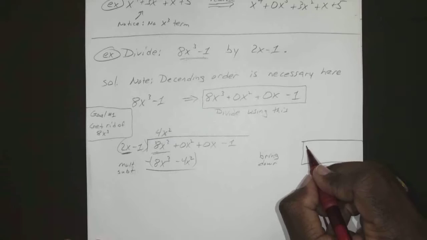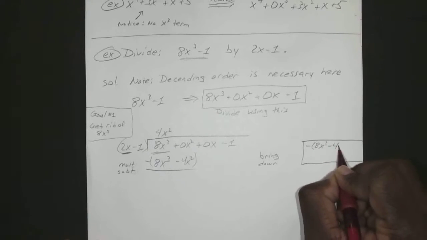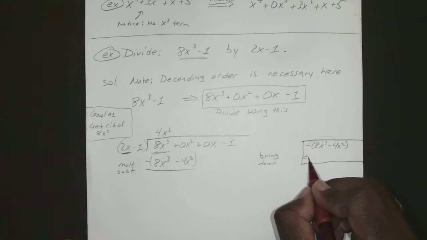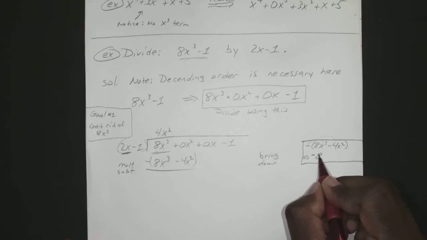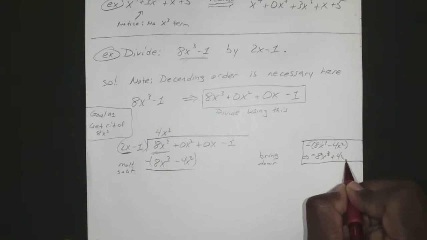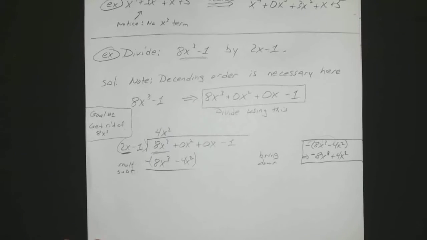Again, you want to remember that minus 8x to the third minus 4x squared, once you distribute that negative, becomes negative 8x to the third plus 4x squared. Clean that up a little bit. There we go.